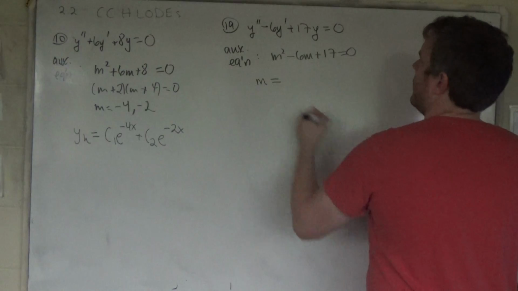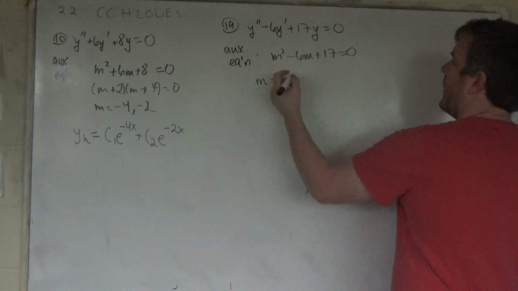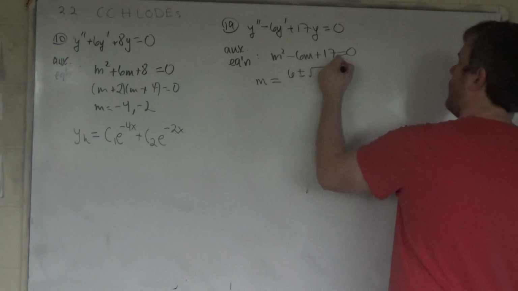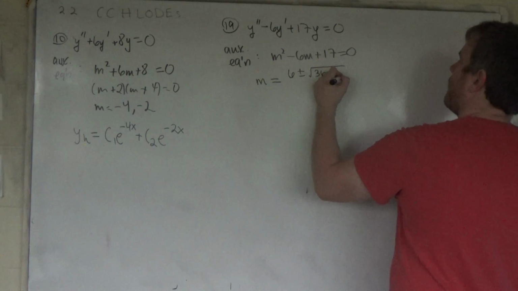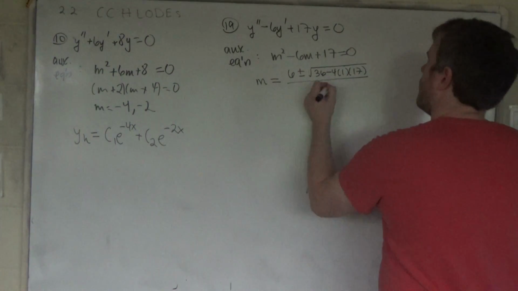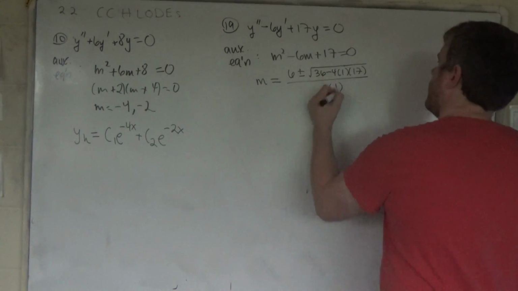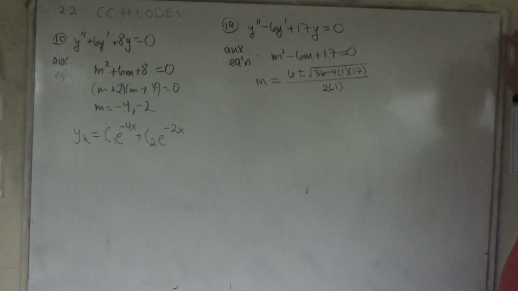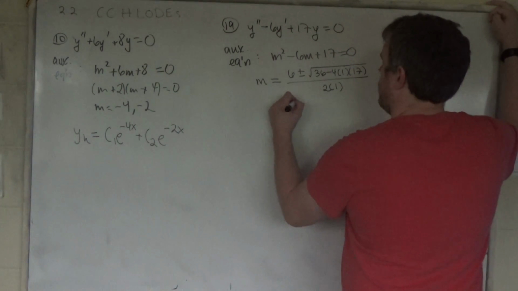This tells me that m is, how does it go? -b plus or minus the square root of b squared minus 4 times a times c, all over 2a. Well, that's not terribly pretty, but nothing for it.